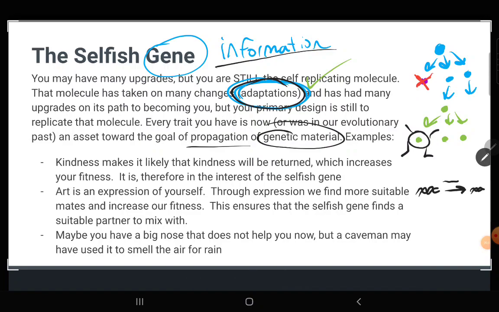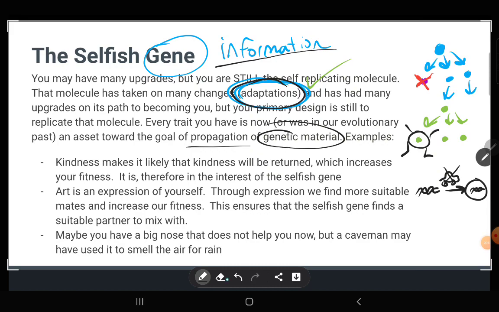And you are a vehicle for those genes. You are a vehicle that eventually expires, but the genes persist in your offspring. And so it is the genes' way of staying immortal. The genes that exist in you today exist for one reason, and that is because they are selfish. In the past, selfish behaviors have led to your increased fitness.